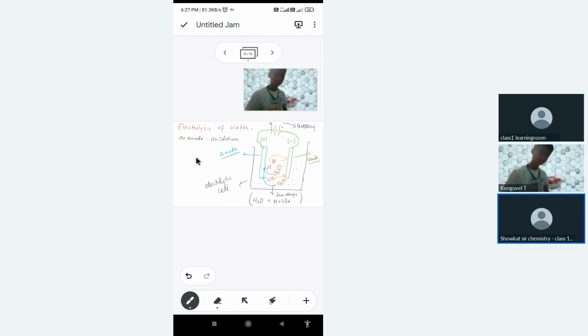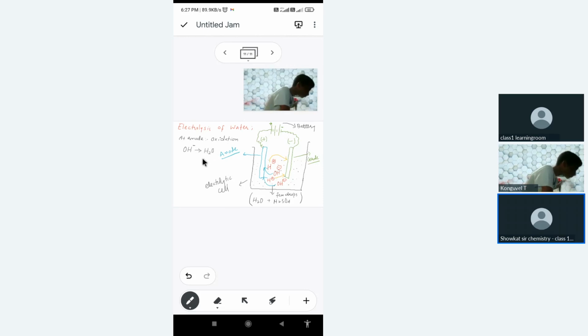But it has another definition, that oxidation means loss of electrons. So at anode, we are having OH negative, so it will lose electrons. What will it form? It will form water, and you will also get oxygen. So you can balance it by taking it 4 times and twice.